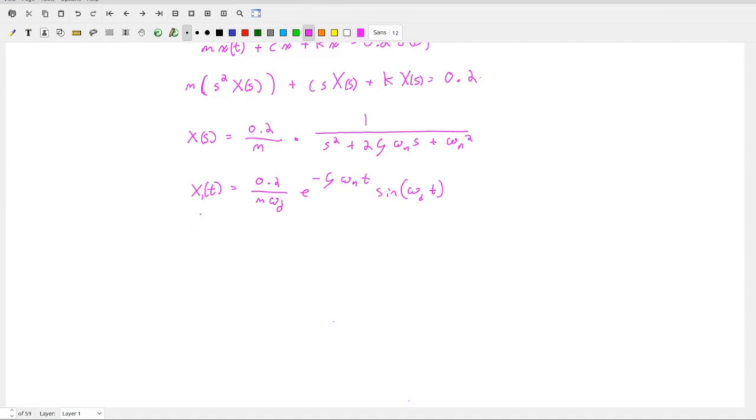So x2 of t is equal to 0.1 over m omega d e to the negative zeta omega n of t minus tau sine of omega d of t minus tau.